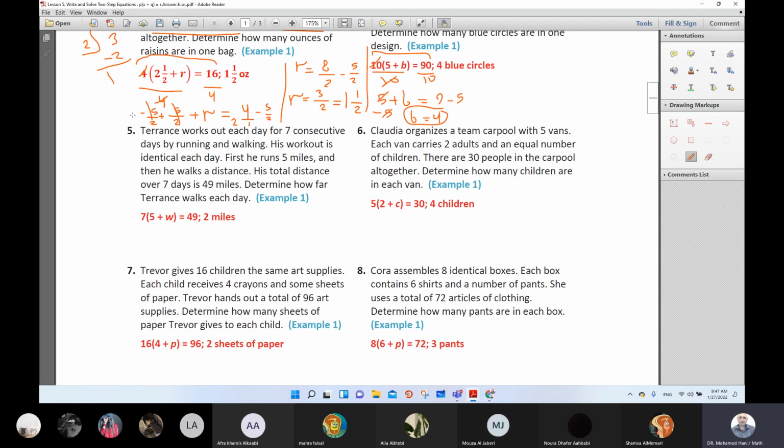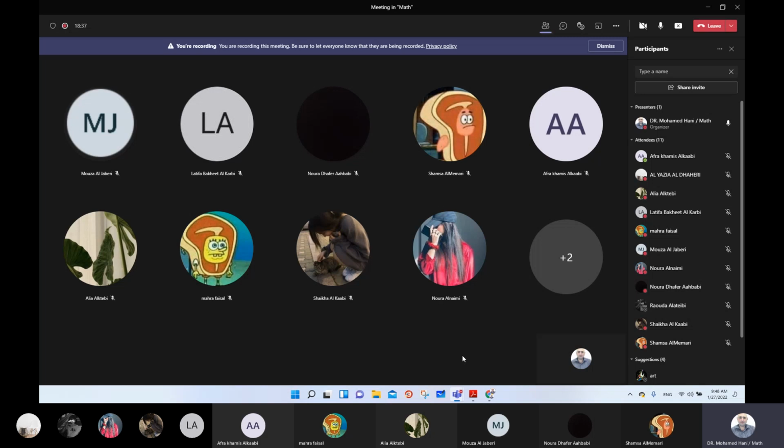Who can read exercise number 5, please? Latifa, are you here? Yes, Mr. Can you read the question?